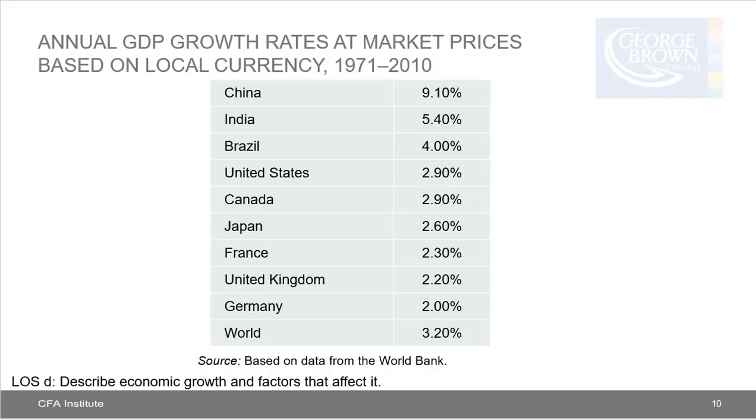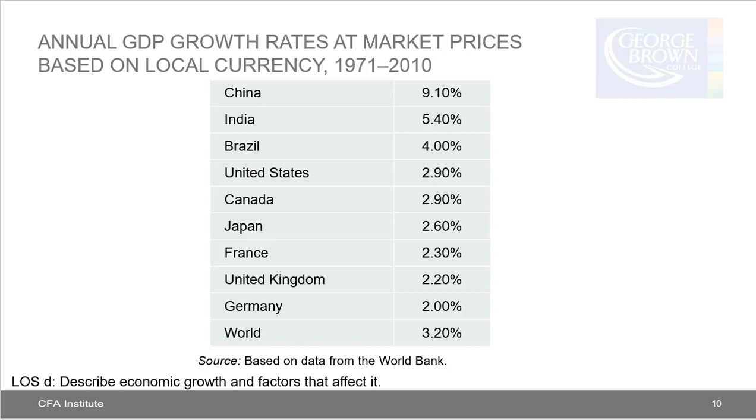This slide is looking at annual GDP growth rates at market prices based on local currency from 1971 to 2010. It's coming from the World Bank, so the data is a little bit old, probably could be updated. Anyhow, a couple of key things just come out of this slide, though, regardless of the timing of the data. Developed countries typically have aging populations and lower birth rates, so their potential labor force will grow slowly or even decline.